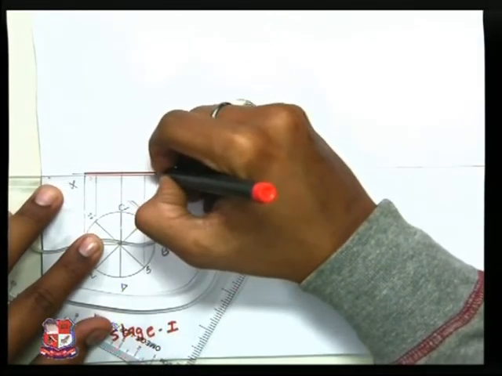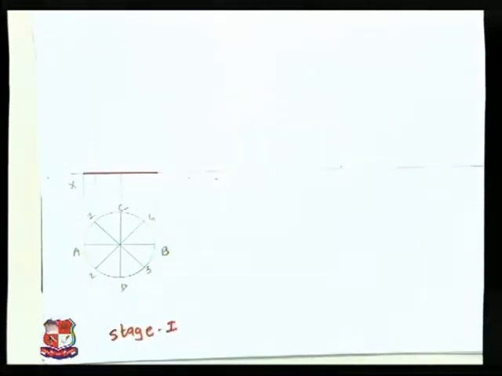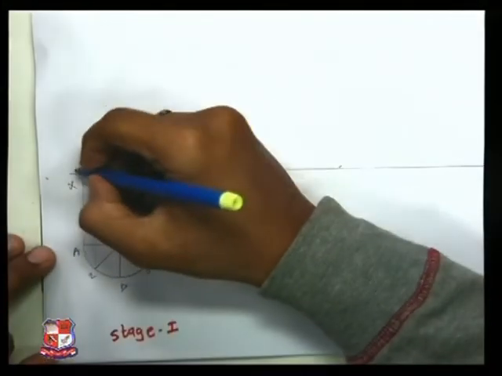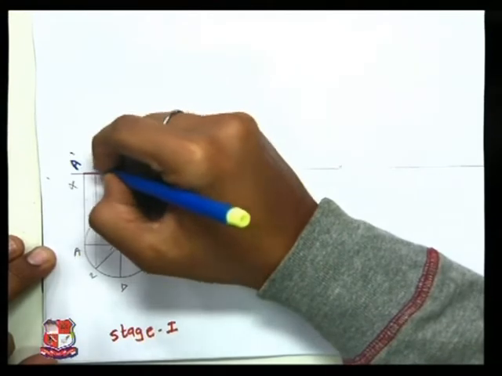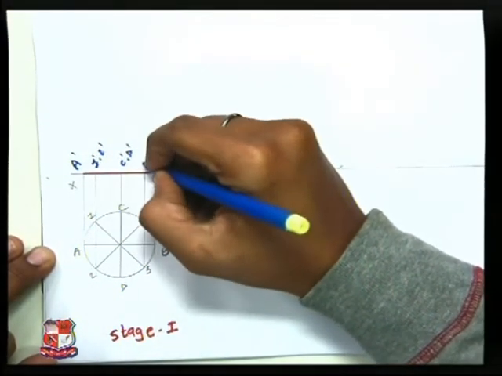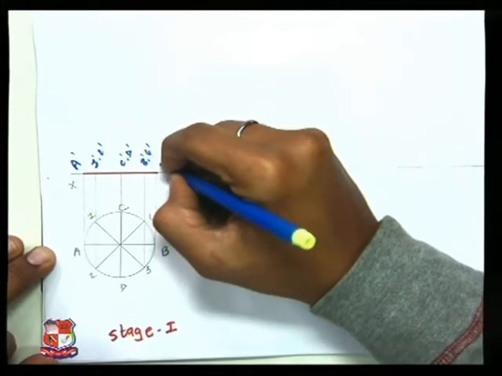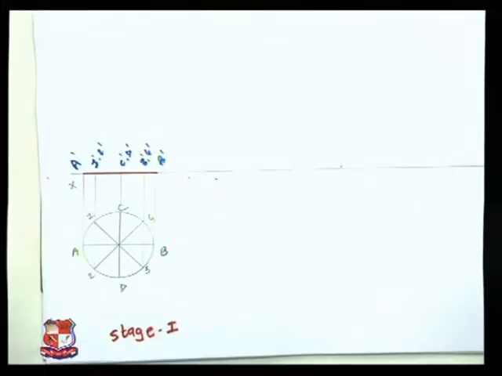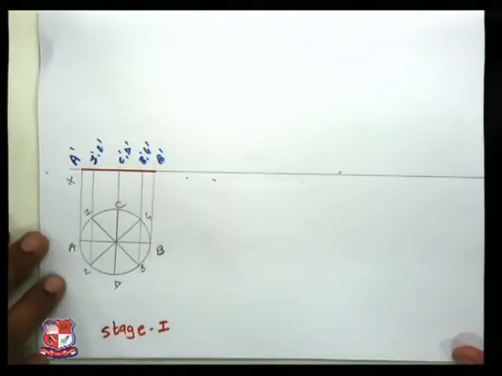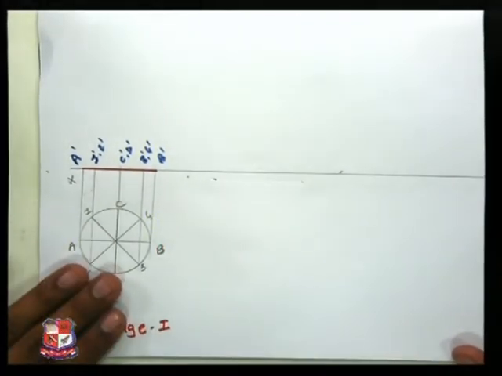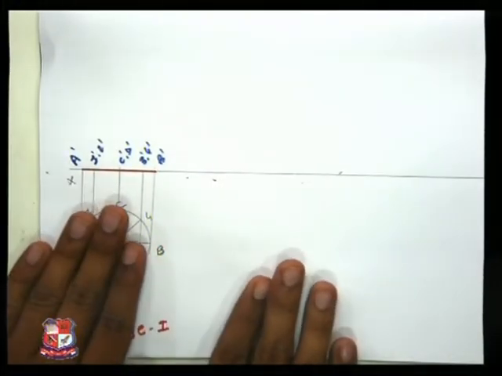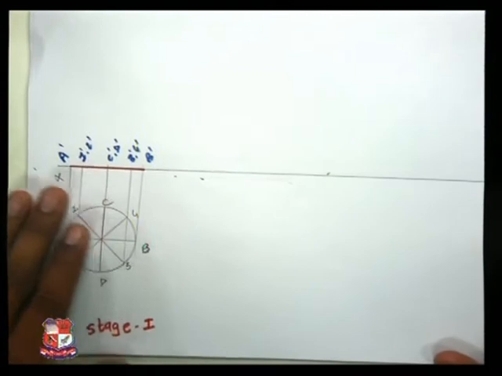Making it darker, the overall projection will look like this: A dash, 1 dash, 2 dash, C dash, D dash, 3 dash, 4 dash and B dash. So this is our stage 1, the initial position. Now stage 1 is completed. Now we proceed towards stage 2.